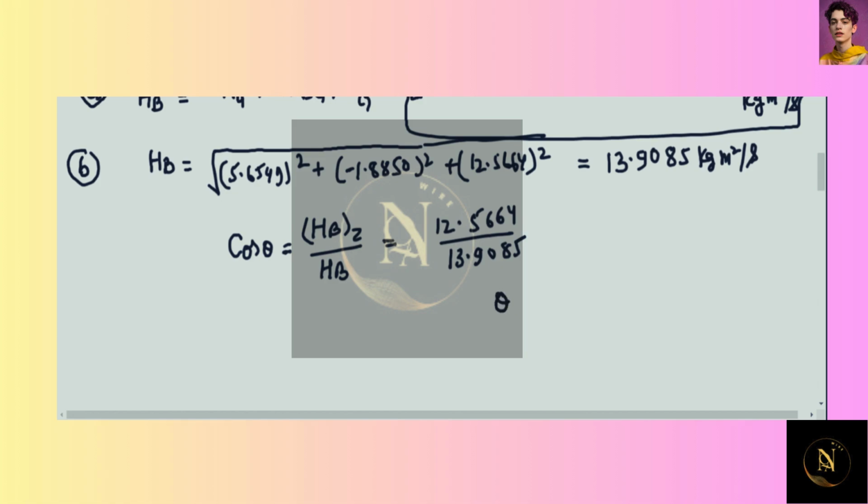So theta will be 25.4 degrees. You have to give it with BA, sorry, so it will be negative sign. So it becomes 154.6 degree.